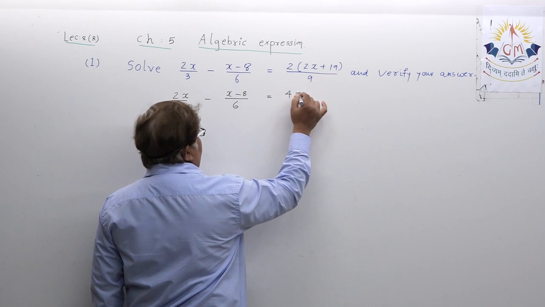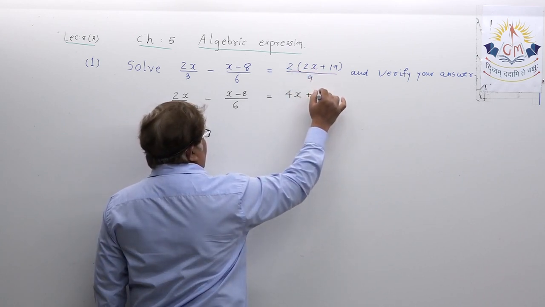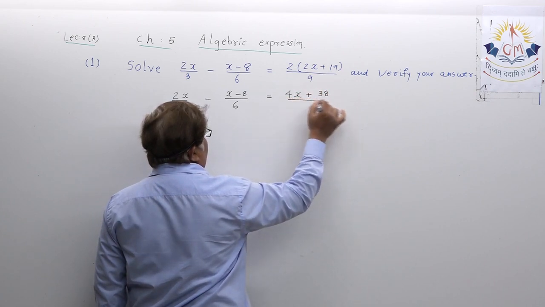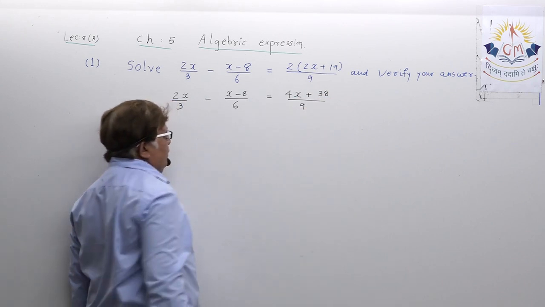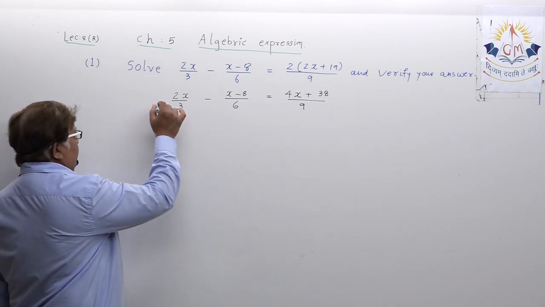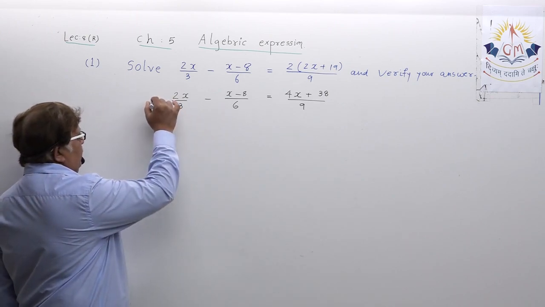This is 4x plus 38 upon 9. Okay, the first step is clear in your mind.